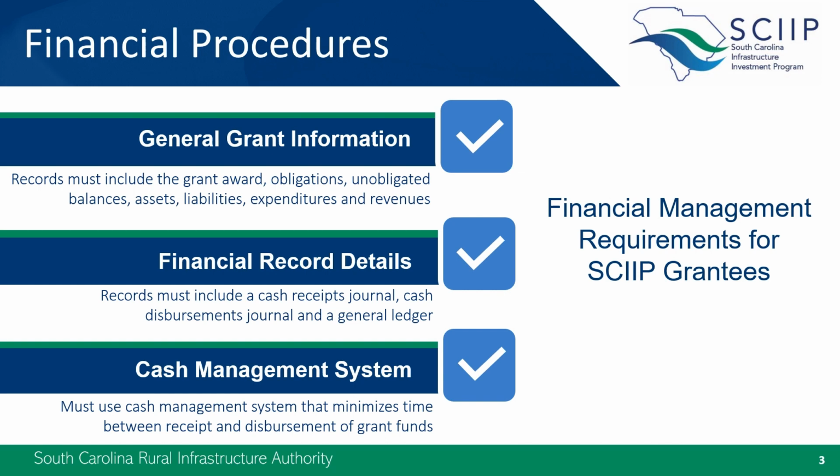The cash management system used by the grantee must minimize the time between receipts and disbursement of grant funds. Grantees should generally spend funds within 10 days of receipt, meaning from the day the initial deposit from the State Treasurer's Office hits your bank account.